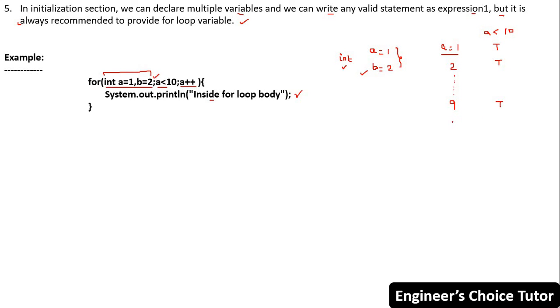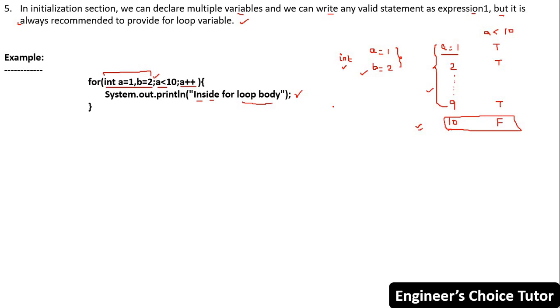After the increment, the value of a becomes 10. Is 10 smaller than 10? No, false. So come out of the for loop. That is the reason you are getting the same thing 9 times in the output, inside the for loop body. I hope this is now clear to you.